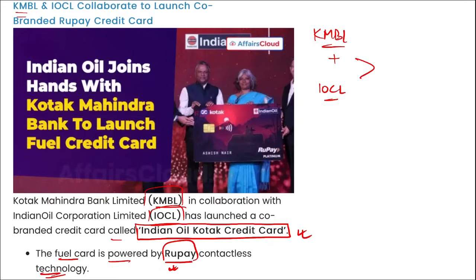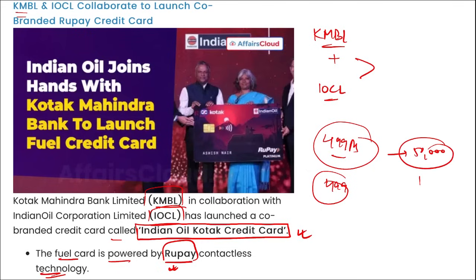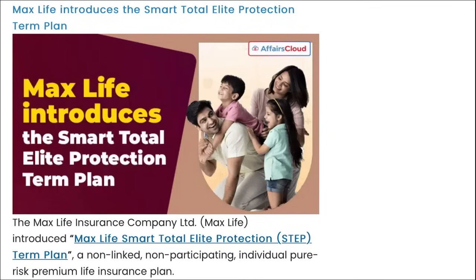Then the cardholders will get 4% cashback as reward points, along with the benefit of a 1% fuel surcharge waiver on Indian Oil fuel transactions. This card comes with an annual fee of 499 rupees and a joining fee of also 499 rupees. However, this annual fee will be waived off when you spend more than 50,000 rupees in the previous year.